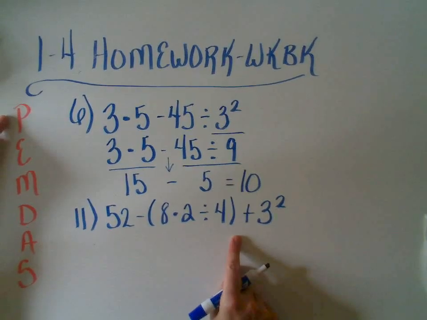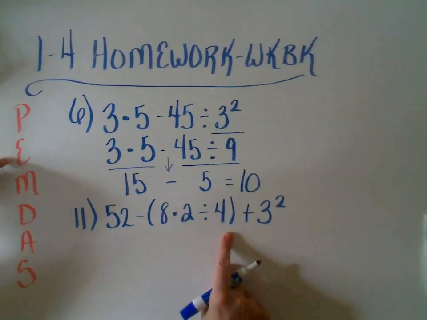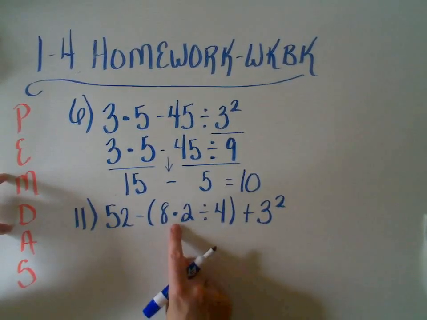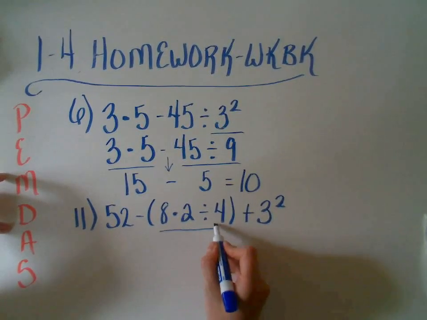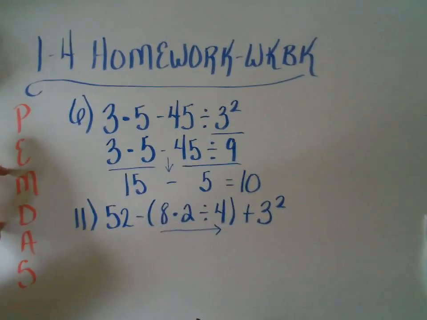Now remember, when you have multiple things inside the parentheses, you just follow the rest of the steps. So I would do exponents first in here, but there aren't any. Then multiply and divide. Well, I have both of those, so I'm going to do the multiplication and the division. And again, it doesn't matter which one you see first necessarily. They're together.